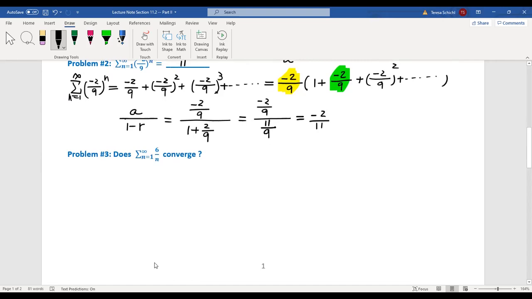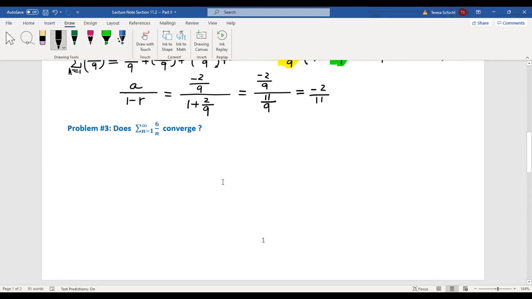Now the next one. We say the summation n from 1 to infinity of 6 over n. I can put the 6 in front, so this is 6 times the summation n from 1 to infinity of 1/n.